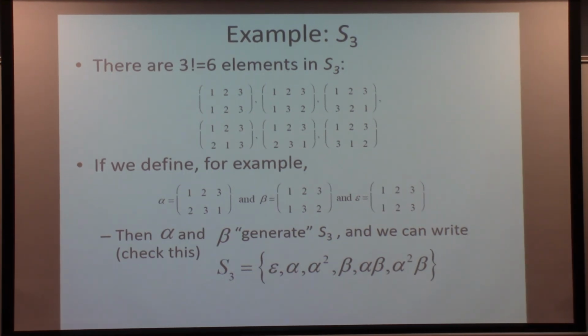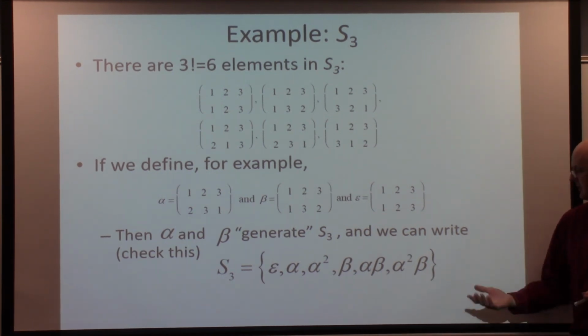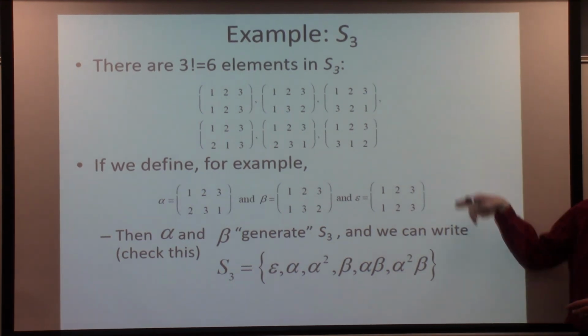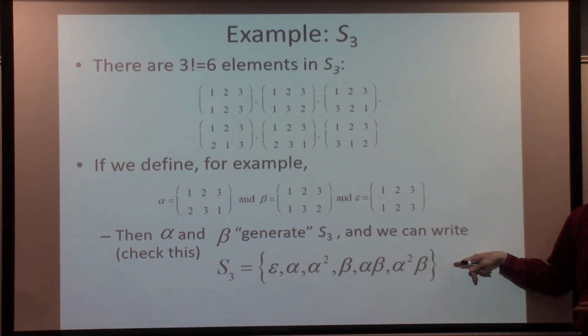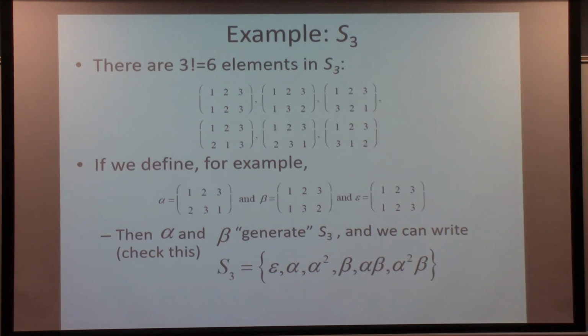You can write them as not linear combinations of alpha and beta, because we're using multiplicative notation, but powers of alpha and beta that get multiplied. And it turns out every one of these permutations can be written in one of those ways, though you do need to check that. Okay, and I think we'll check that after the quiz. Let's take the quiz right now.